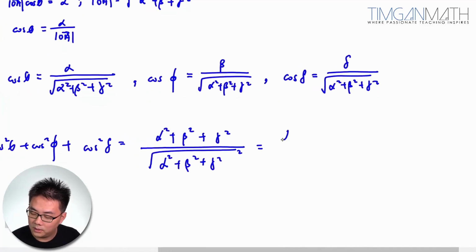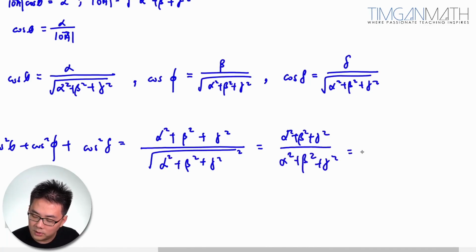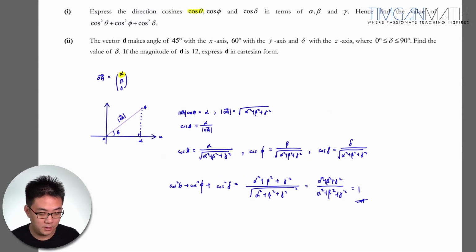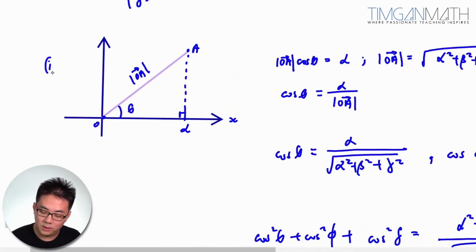The numerator is alpha squared plus beta squared plus gamma squared, which is the same as the denominator, so this is just 1. This is how you do part 1.